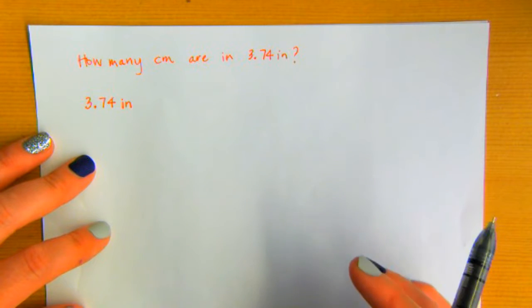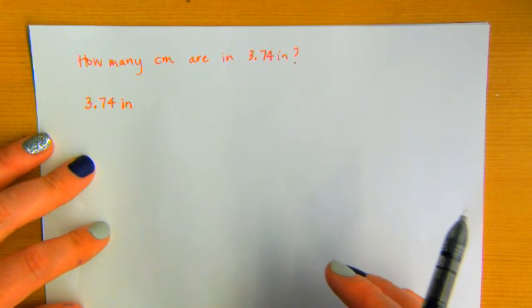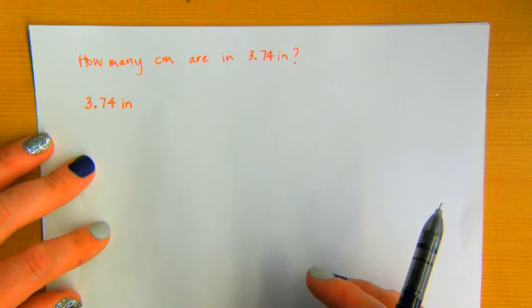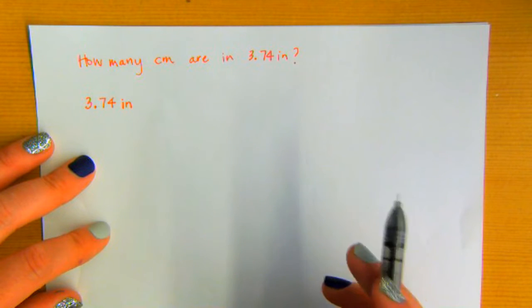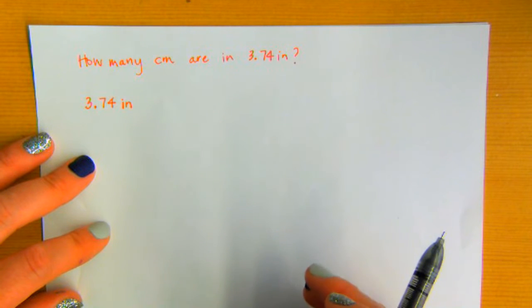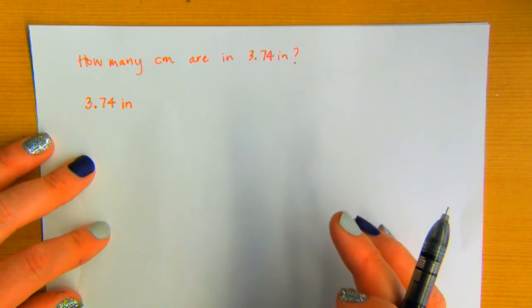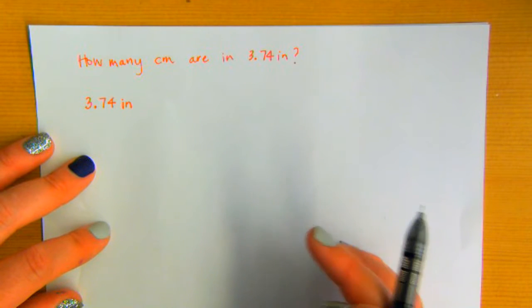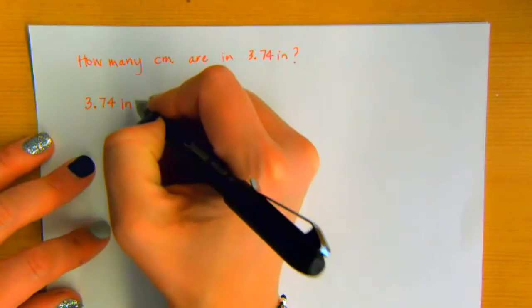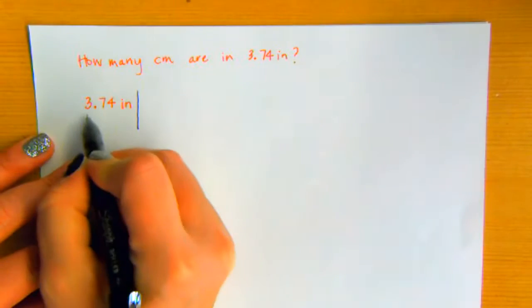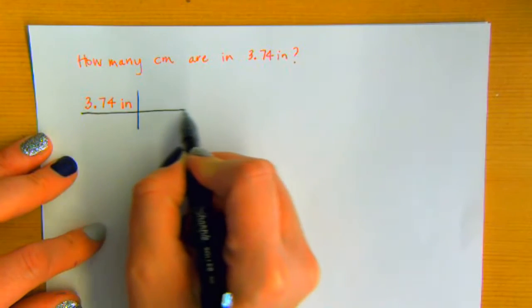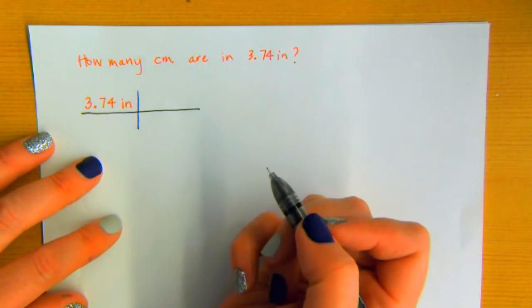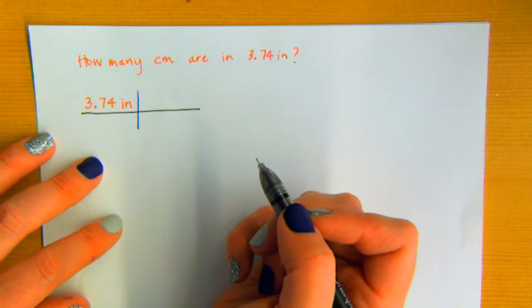There are other ways that you can set it up, but I have found this to be the most successful way to set things up for students, so that you are making sure to put the conversion factors the correct way and making sure that you're multiplying when you should multiply and dividing when you should divide. So I like to set up what we call our train track, or what really should be called a monorail, because it's only got one line down the center.